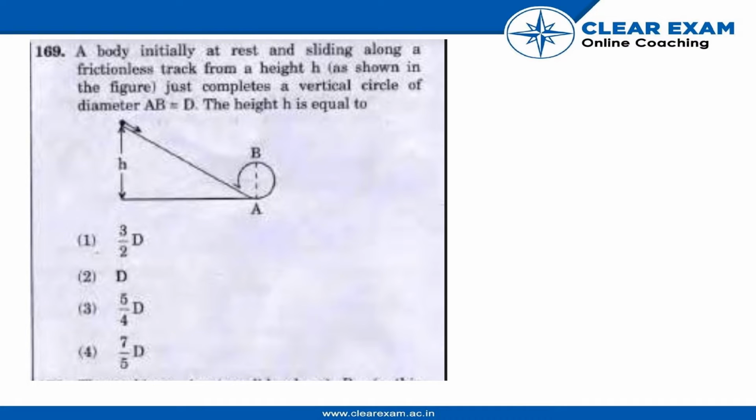So let the total energy be conserved. The total mechanical energy at start is equal to the total mechanical energy at B. So mgh, that is the total mechanical energy at start, is equal to half m v_B square plus m g d.